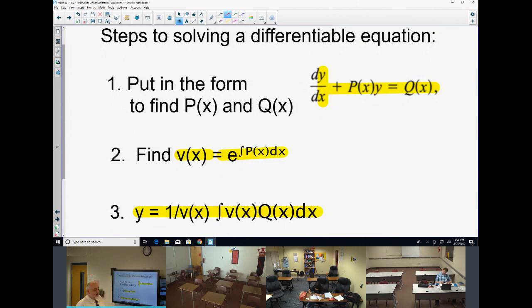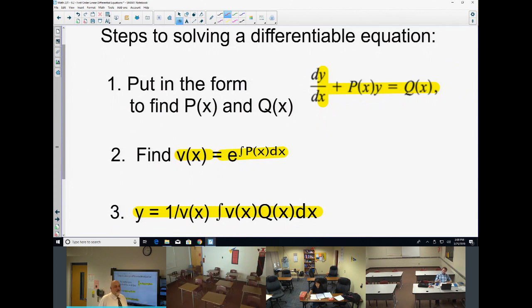Now, I'm kind of curious. Last Monday, did Professor Blake give you this formula right here, this number 3? Do you remember that? I don't remember the third formula. Yeah, see, here's the thing. It's not in the book.